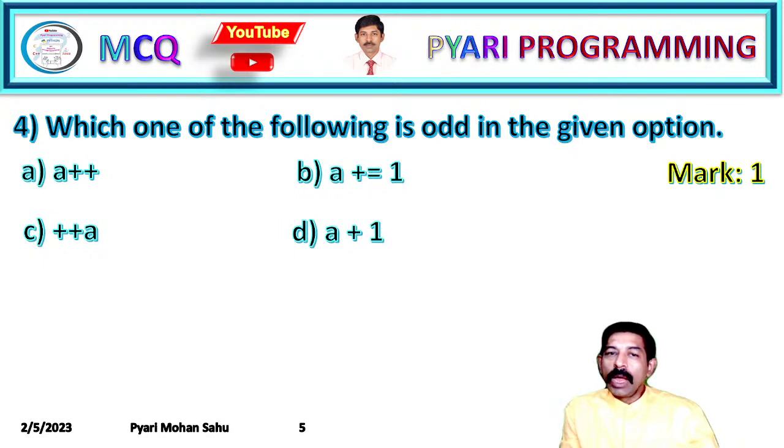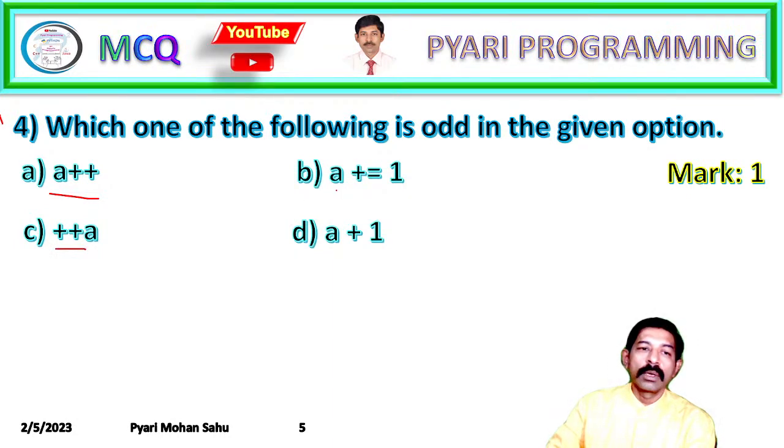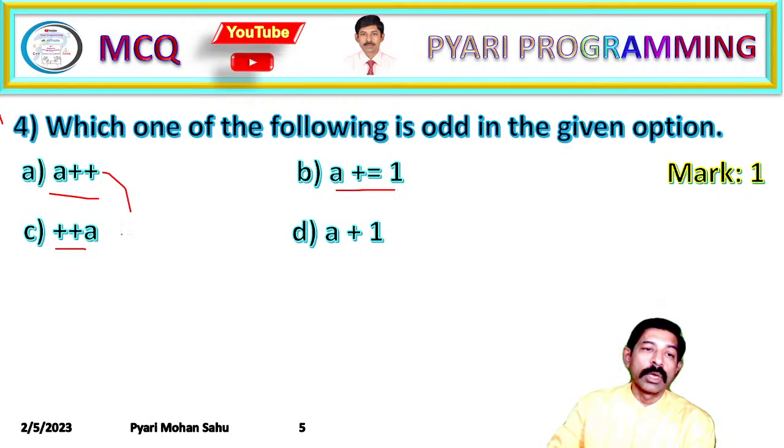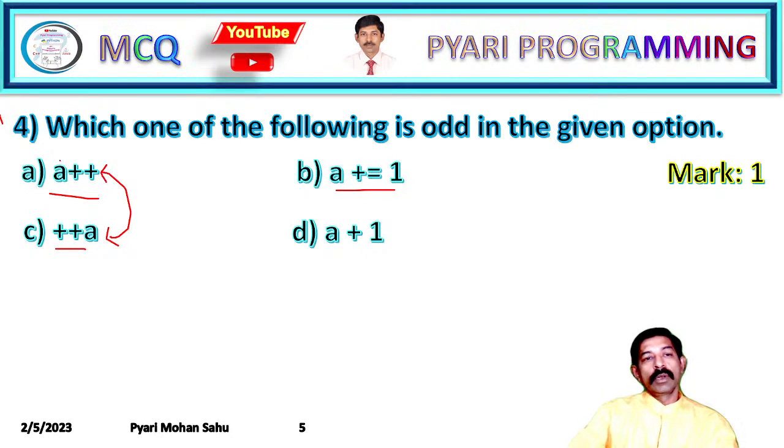Why not A plus equals 1? Because here I am using the shorthand operator. Here also I am using the shorthand operator. Here I am using pre and post. But in case of pre and post, it will give you a different result. It will use then add, or add then use.